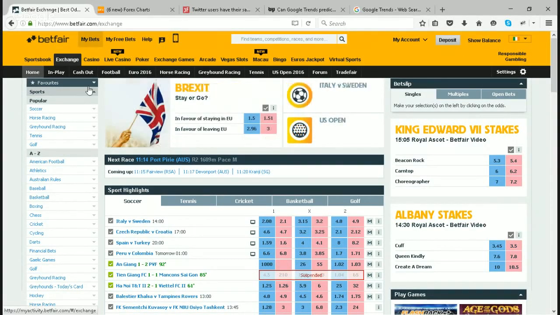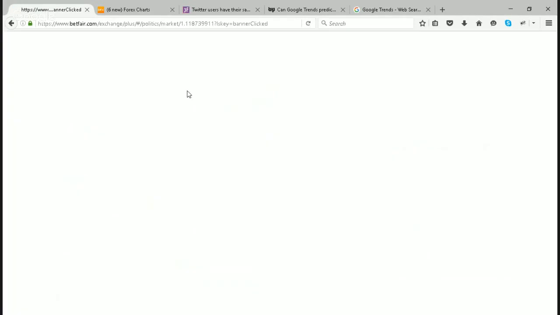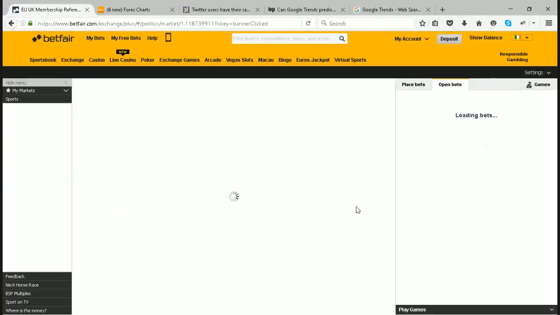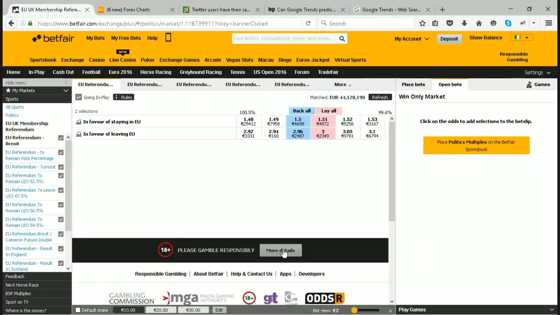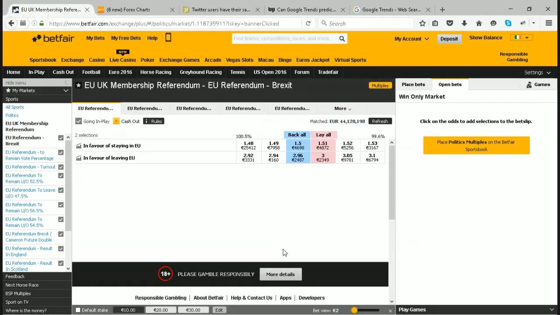I'm on Betfair, and I can just pop over to the Brexit section to see what's going on. And it seems to have moved more towards Remain.